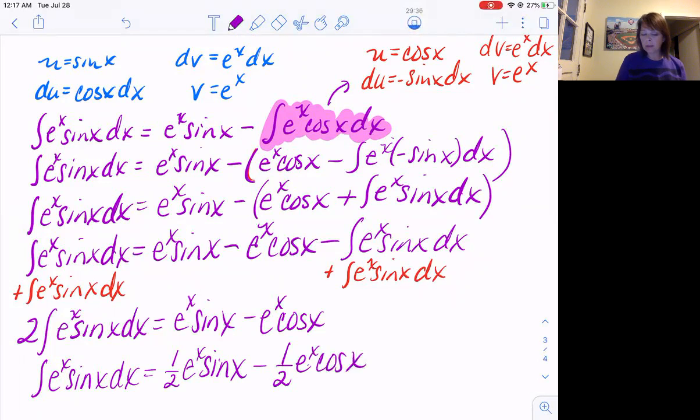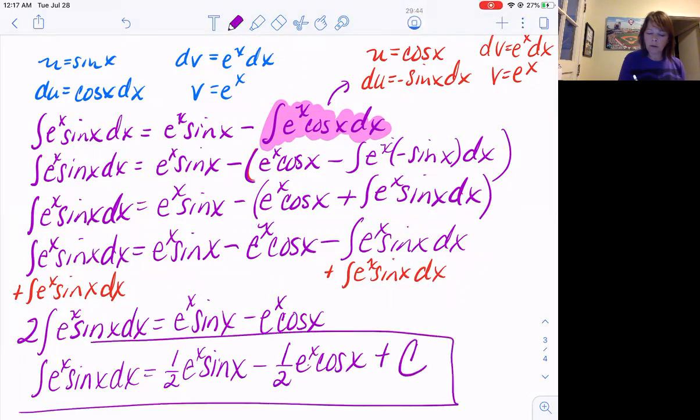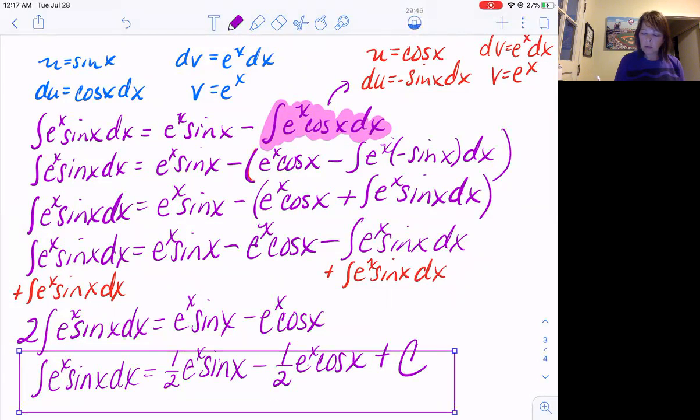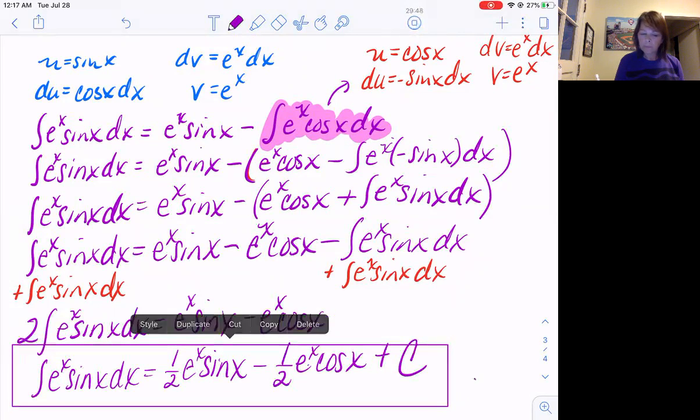At this point you realize that this is an indefinite integral, so you need to put in the arbitrary constant. We'll just write plus c and we have our answer. So this is when you will see you have a repeated instance of the integral that you're trying to solve for.